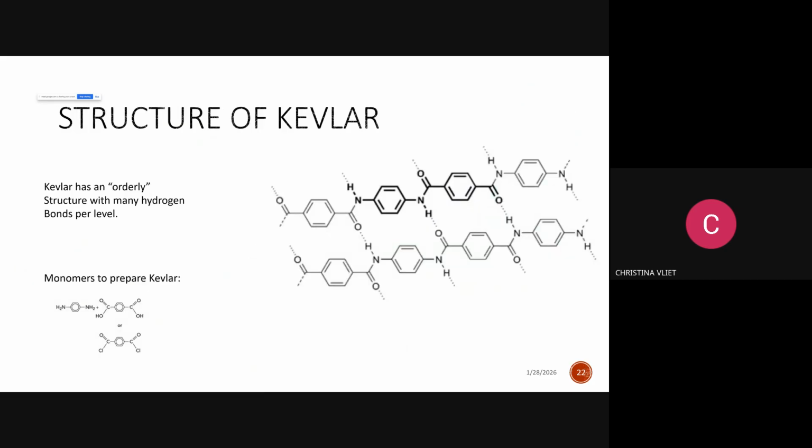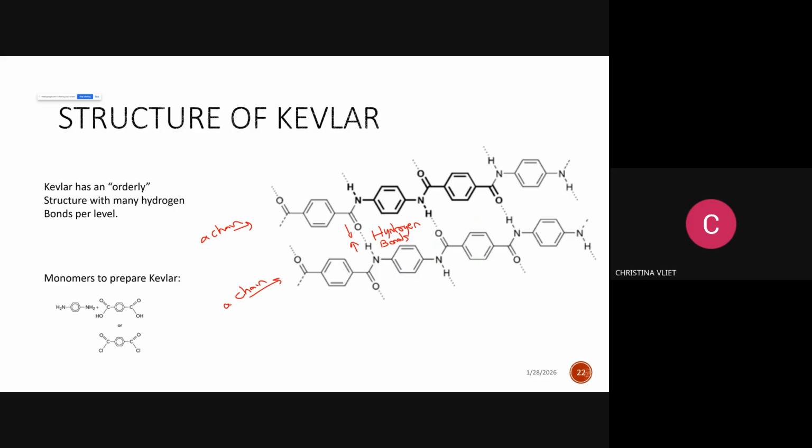So Kevlar has this structure. This is a chain of the polymer, and this is another chain of the polymer. And the polymers stack on each other, and they are attracted to each other through something called hydrogen bonds, which makes their properties very strong because we're talking about thousands of these connections.